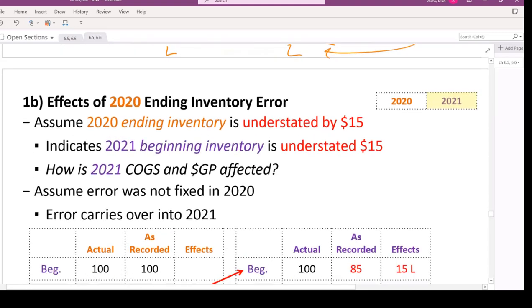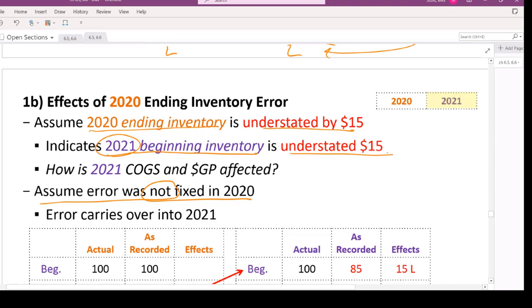Assume now in 2021, we don't fix the error. Assume the error was not fixed in 2020, and we start 2021 assuming everything is all hunky-dory. Realize that ending inventory being understated for 2020 means 2021 beginning inventory is going to be understated as well.